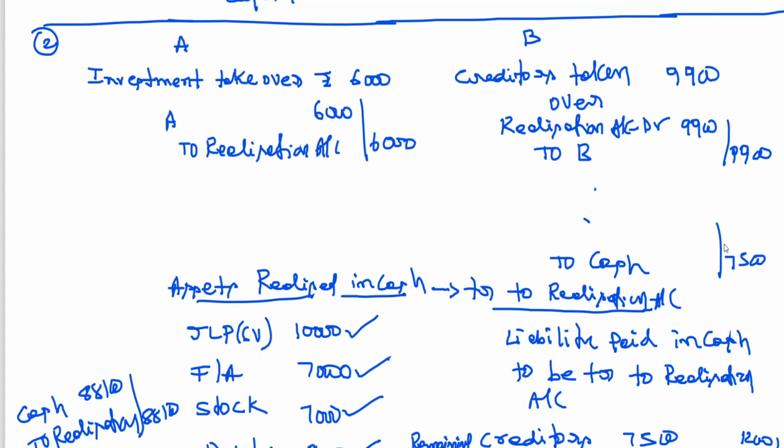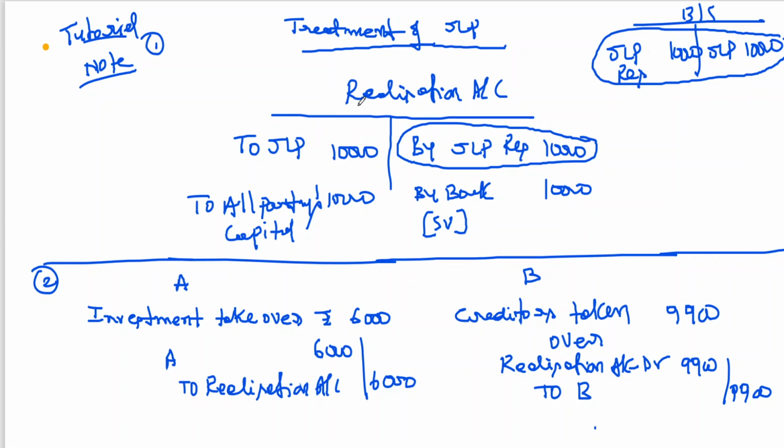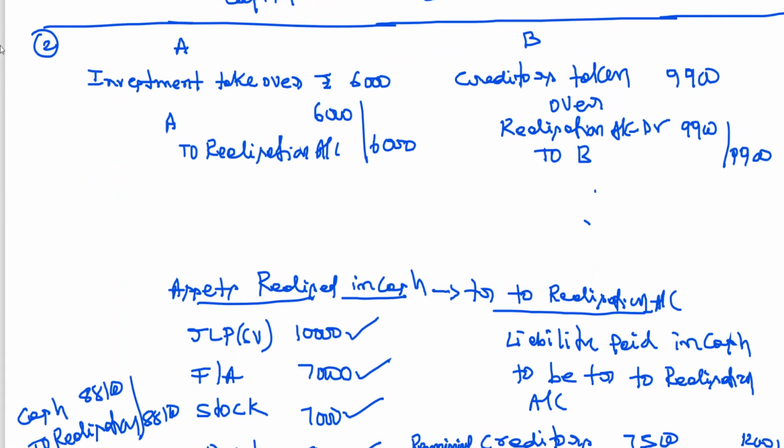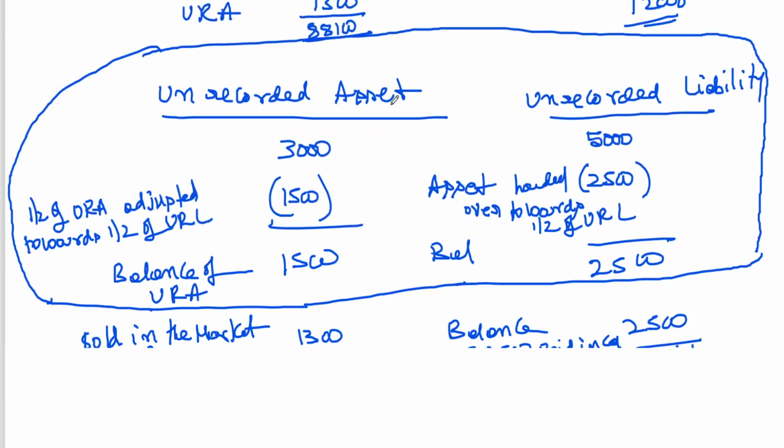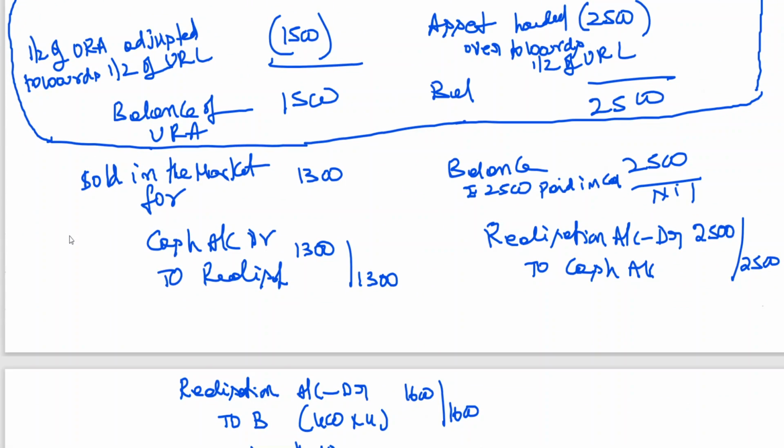For assets realized, we can write this as an entry: realization, investment taken over by A to realization, creditors taken over by B, realization to B, assets realized, cash to realization, liabilities paid, realization to cash, then sold in the market, balance of sold in the market, cash to realization.